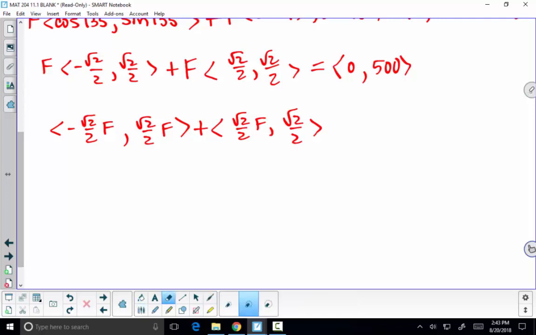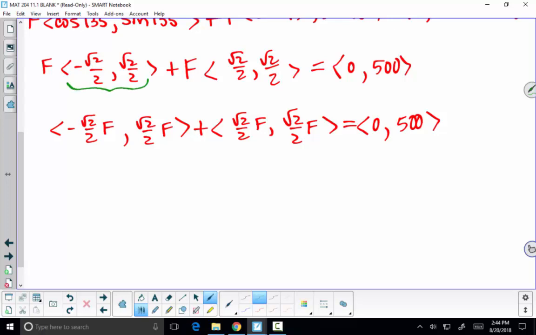And this concept of scaled unit vectors is super important, and it's going to be a very powerful tool to solve lots of problems where we scale a unit vector. Let me even just emphasize that this is a unit vector right here. So that is a unit vector, as is that.